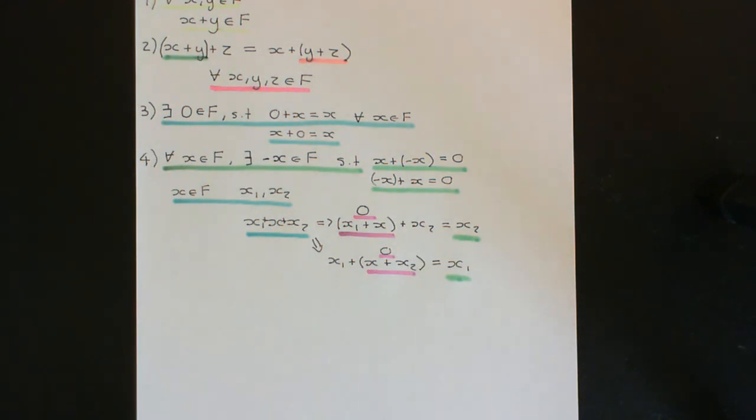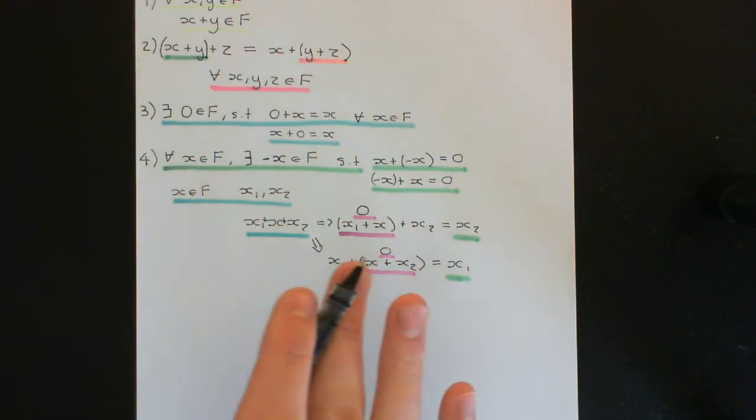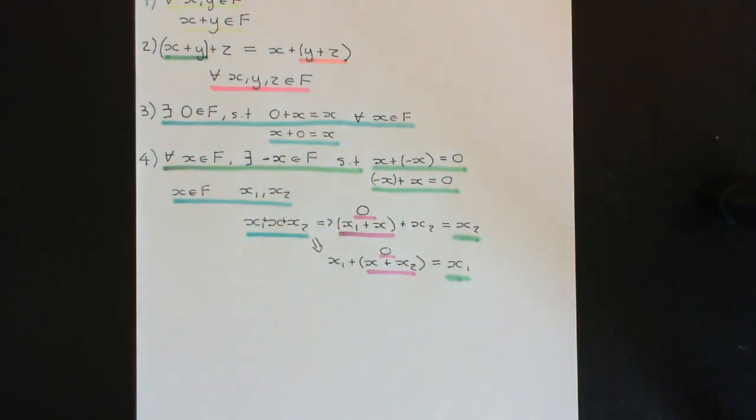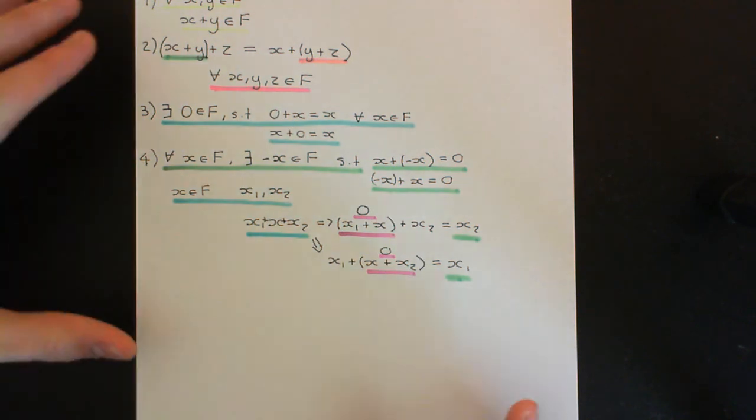You can only have one inverse element, and it's going to be true for our multiplication composition law that we'll define in a moment, that again you can only have one multiplicative inverse when you do have an inverse. So only one additive inverse is what that is proving. You can't have more than one additive inverse, otherwise it would break associativity. So that's axiom number 4 of an abelian group.